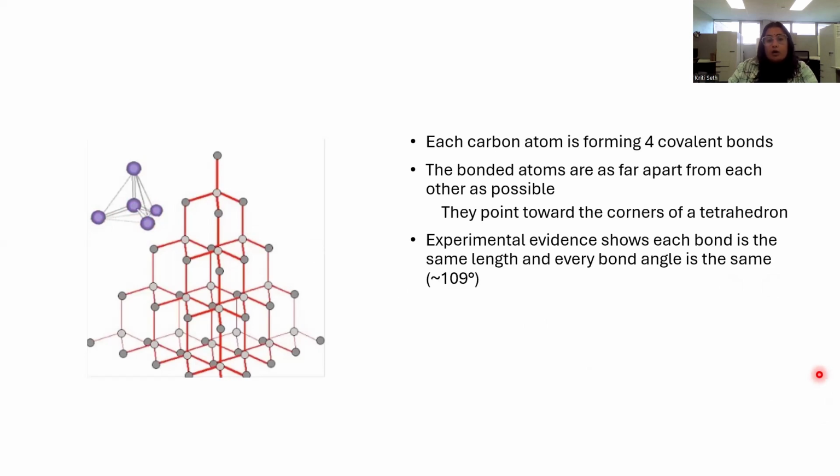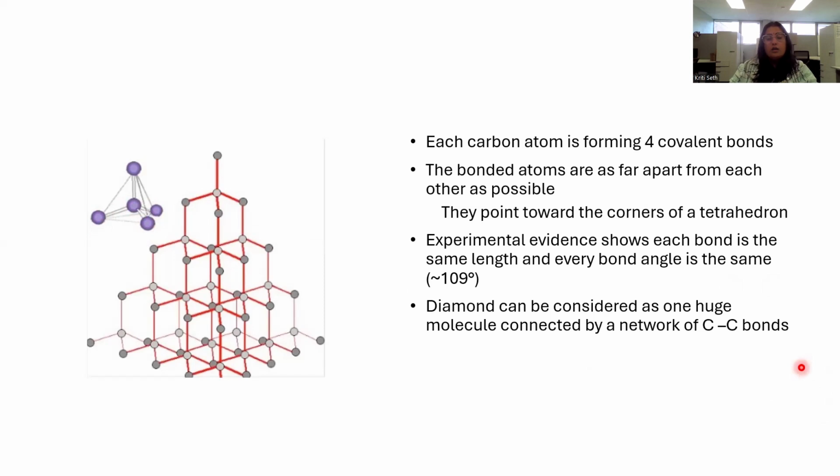But what evidence shows us, as we just said in the last slide, is that each of these bonds is the same length and the bond angle is 109 degrees. So you can consider diamond as a huge molecule which has a network of carbon-carbon bonds.